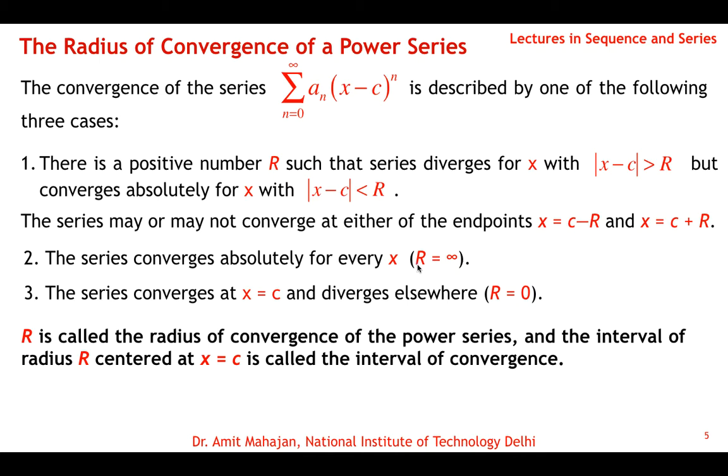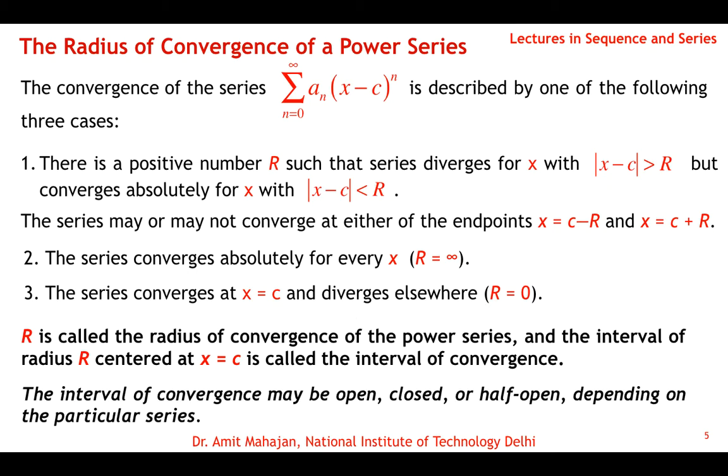In that case the radius of convergence will be infinite. Or you can get that the series converges only at the center x is equal to c, about which the power series is written. In that case the radius of convergence is 0. And the interval of convergence may be open, closed, or half open depending upon the particular series.